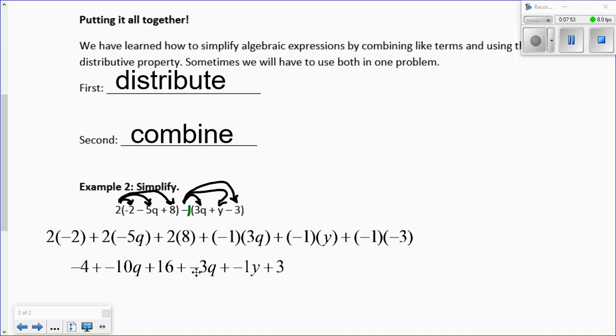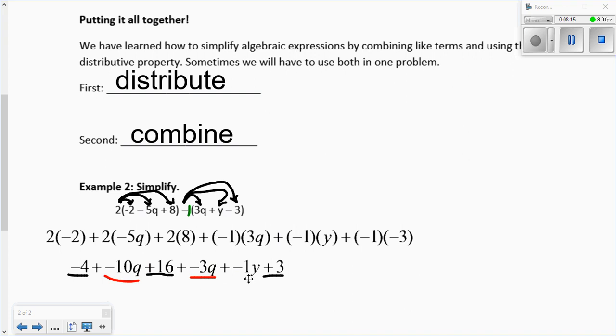Now I'm going to look for any like terms. So here I have a negative 4, meaning that there's no variables going on. So I have a 16 that's like it, and a 3 that's like it. Next, I have the negative 10q, and I have the negative 3q that I can combine.